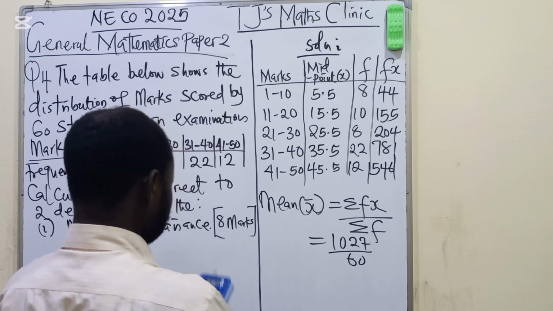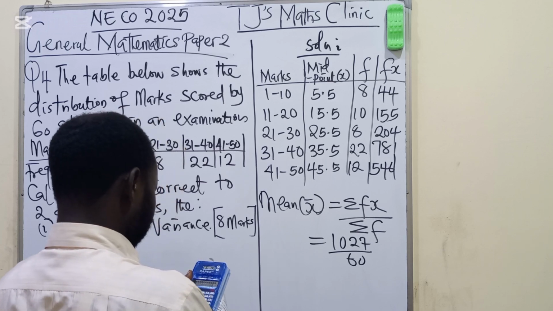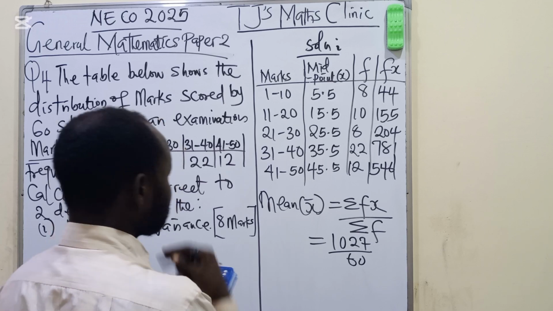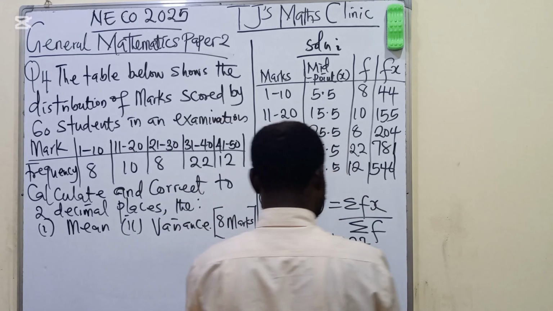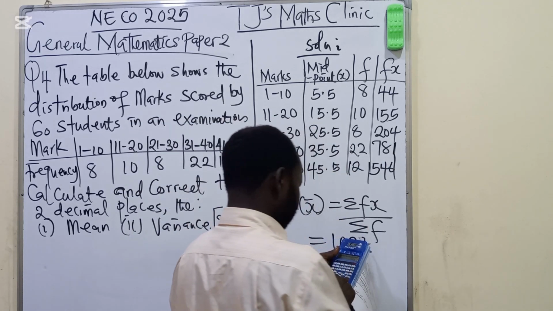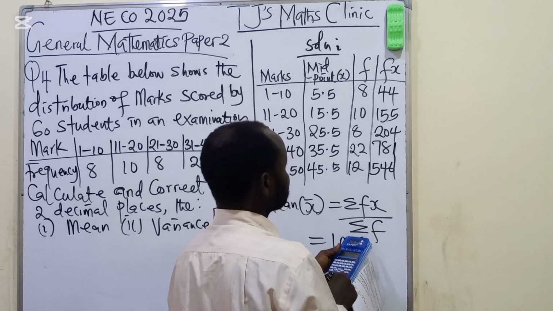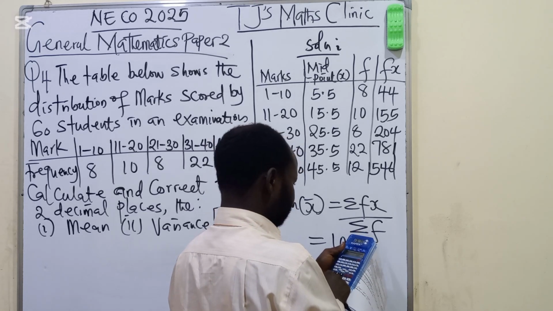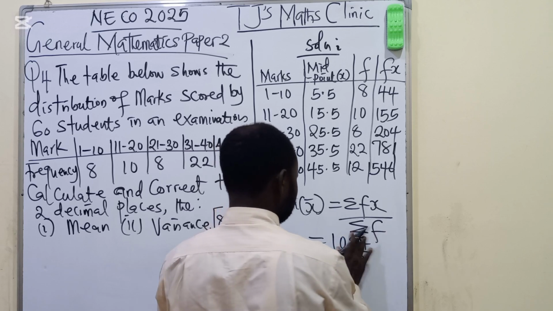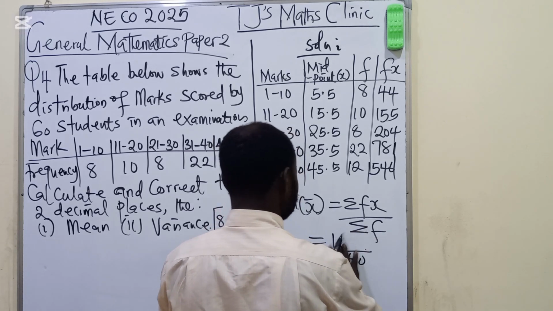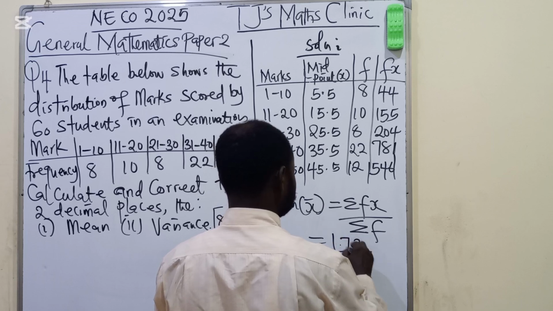Let's add. 35.5 times 22 is 781. Then let's add 546 plus 204 plus 155 plus 44. The summation is supposed to be 1730.